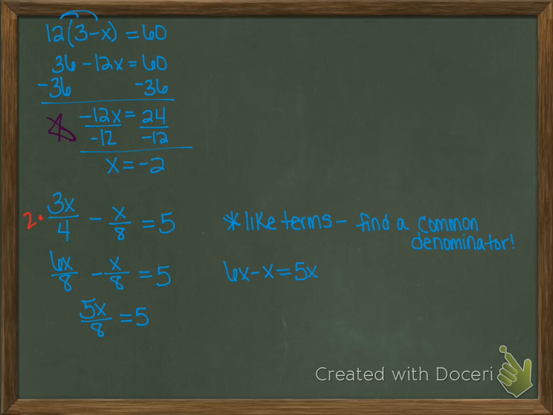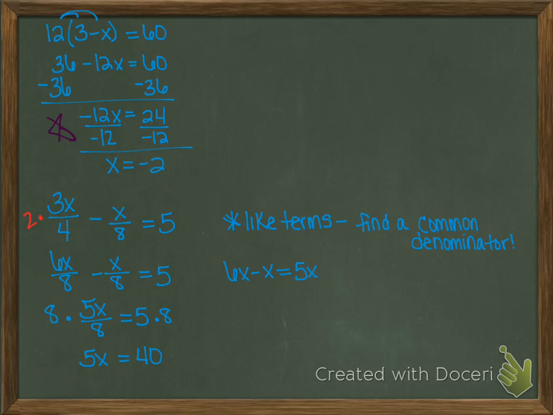Kind of a reminder, there are a couple different ways you can solve it. I've noticed some of you just like to eliminate the fraction, and that's fine. You can multiply both sides by 8 if you'd like, and then divide by 5. That option is certainly there. Or you can multiply by the reciprocal. And it looks like I chose to eliminate the fraction first, so I times both sides by 8.